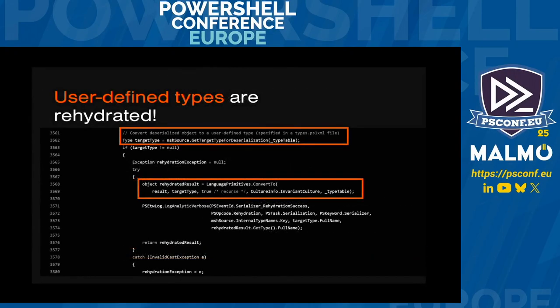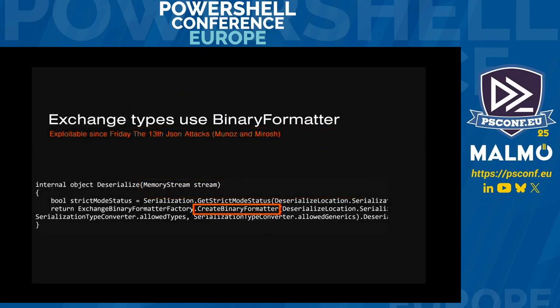If we dive into what actually happens when this is being imported inside Exchange, we see that it actually takes some user-defined types as well. It's not only those primitive types that are being deserialized. And if we look at Exchange-specific code, we see that it actually uses internally a binary formatter, which is known to be vulnerable since the previous research into deserialization in .NET.